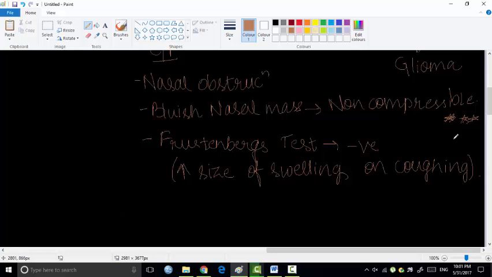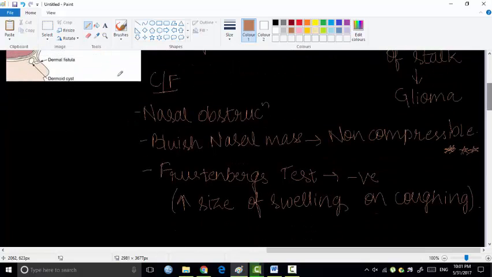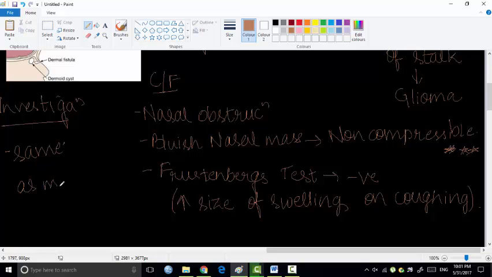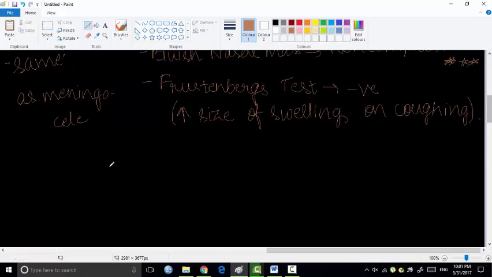What investigations do you feel are better for this case? These are the same as for meningocele. You should do CT scan, MRI and other investigations same as meningocele. And what is the treatment? The major treatment is excision.